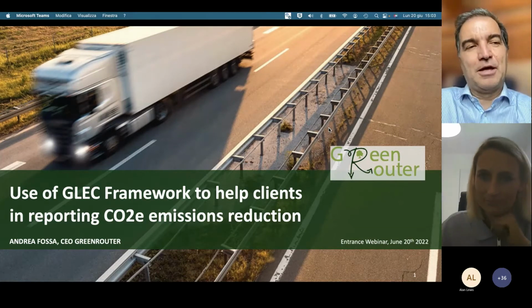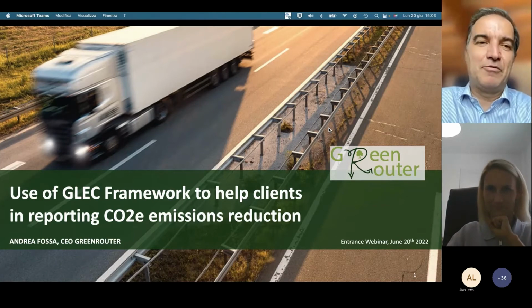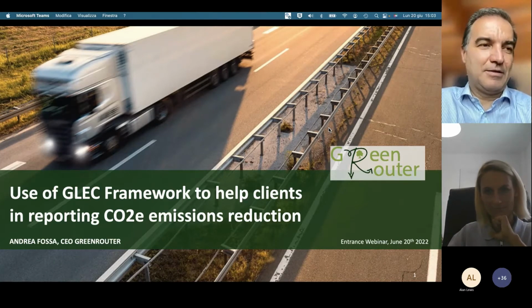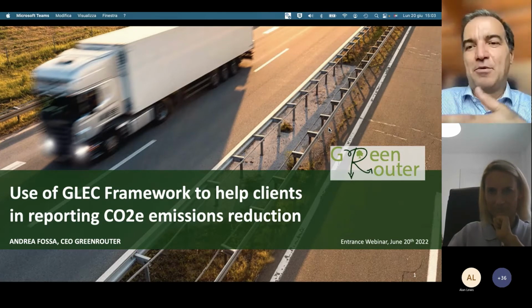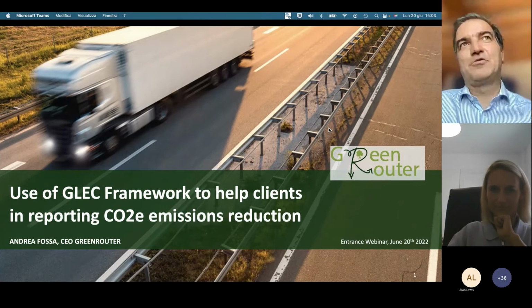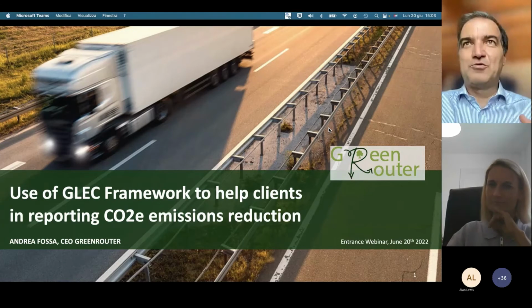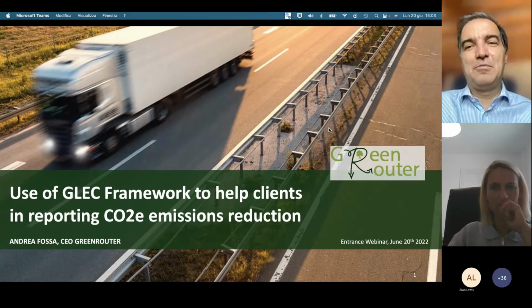And of course, the effect of having the Glec framework behind is very powerful. And as Alan was saying, we sometimes need to jump on what is missing in data terms, and so try to model, to use default values and so on. This is very useful because at least it improves comparability and gives you scientifically based input. So we'll see this in a minute.